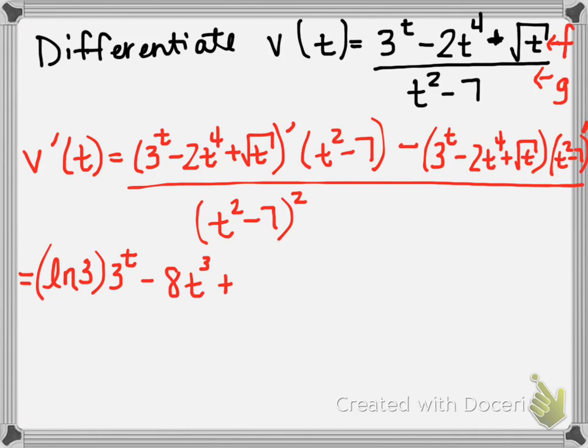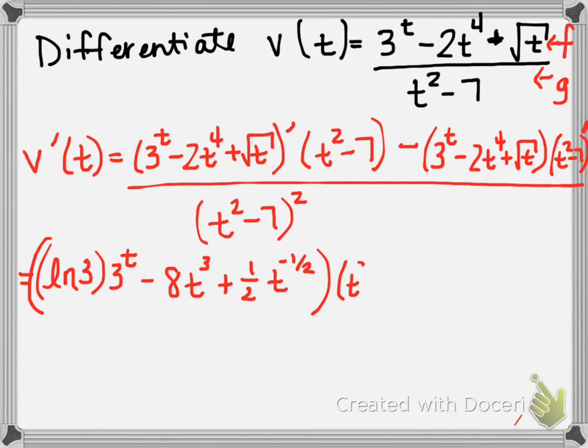Remember, square root of t is the same as t to the 1/2 power, so I use my power rule: 1/2 t to the 1/2 minus 1, or negative 1/2.